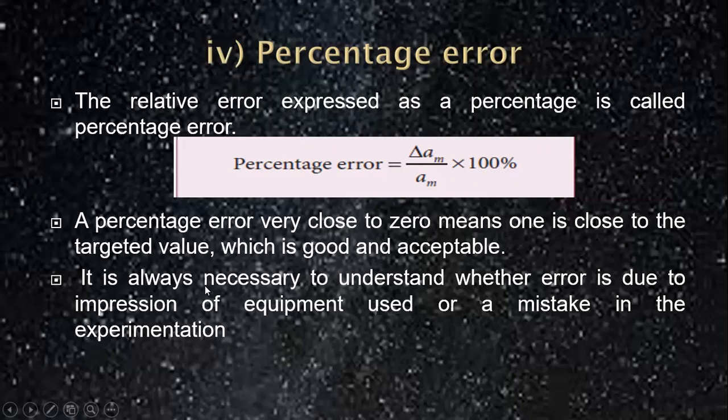It is always necessary to understand whether the error is due to the imprecision of the equipment or a mistake in the experimentation. We have to find out what the percentage of error is and why we are getting it. It should be very near to zero. If the percentage error is higher, then it is of no use.